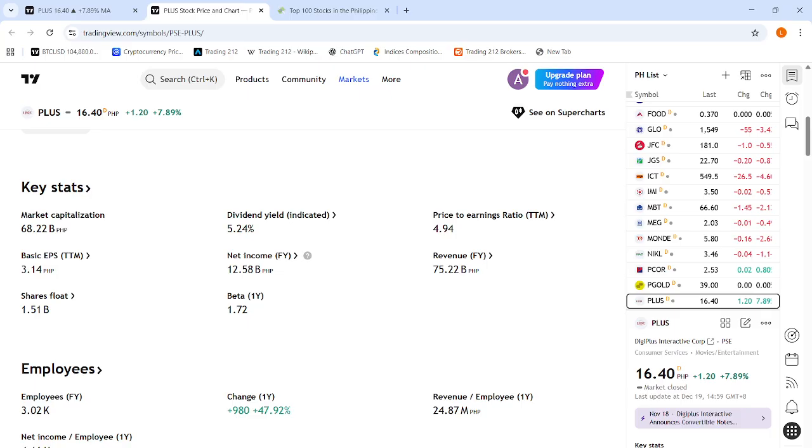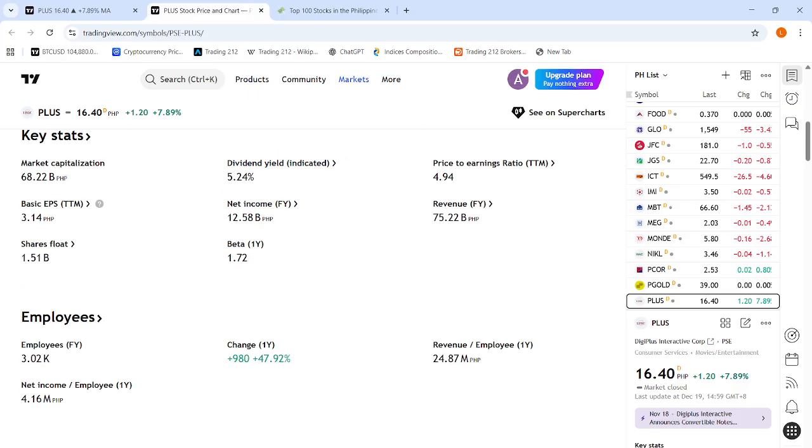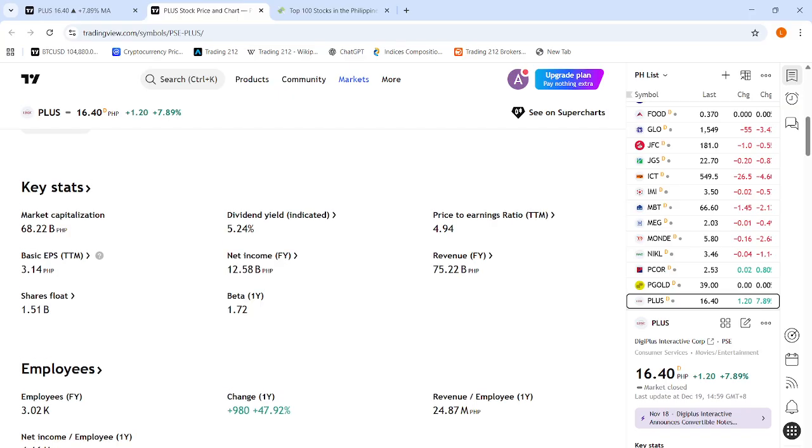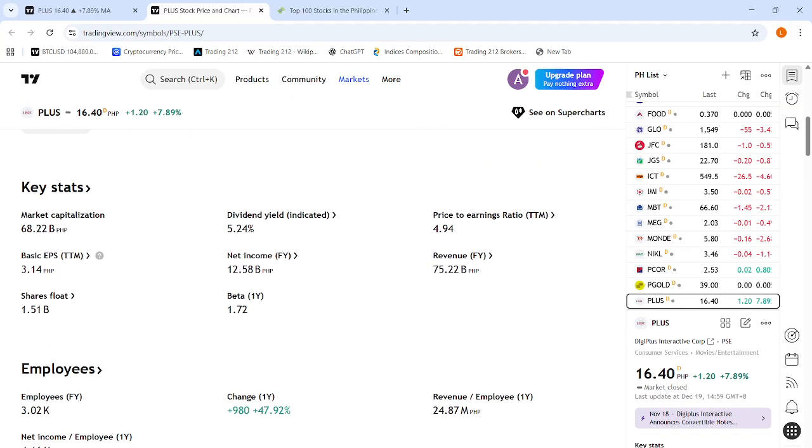Remember that. And that is 17%, I think. So that is huge. And then the EPS, earnings per share, is 3 pesos. The most important thing is that it's positive. It's not negative. 3 is still good. 3 to 5 earnings per share.